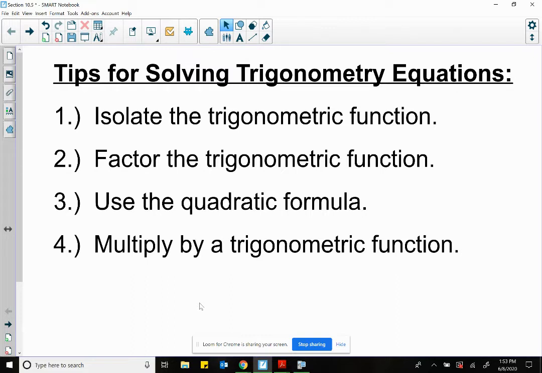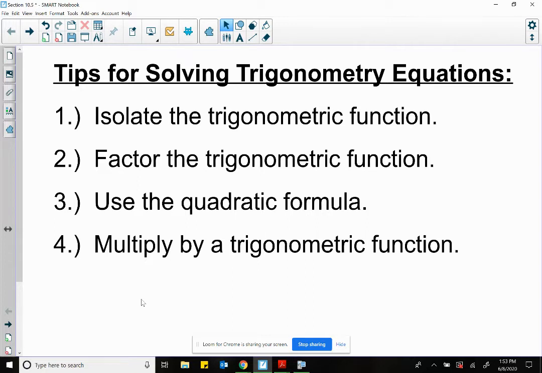Okay, so here I've given you some tips and tricks. When we are solving these, the big goal is to get the trigonometric function by itself. If I have one trigonometric function like sine, then I need to get everything away from sine, so that the last step, and generally the last step that you're going to be using for all this, is inverse trig.